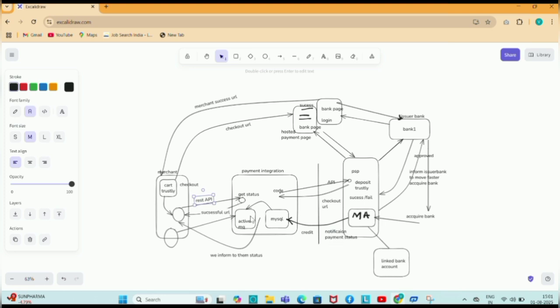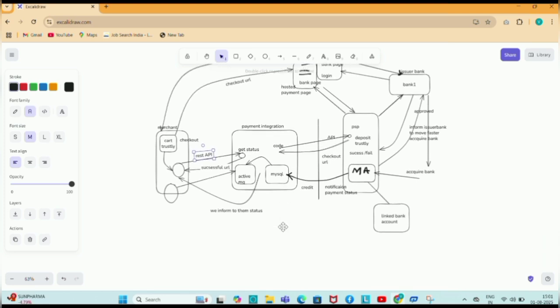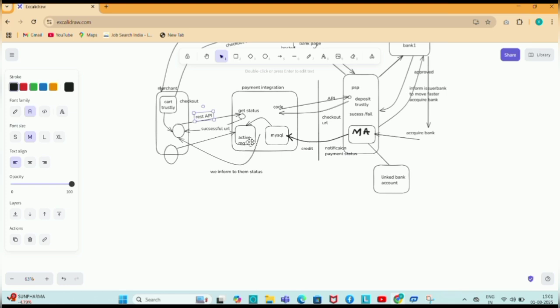So we will send a successful message to ActiveMQ. So here we have a checkout URL.